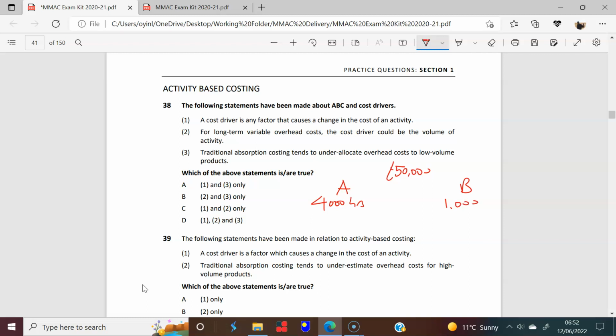And so we traditionally shared costs based on volume. We argued that the more volume you had of something, you should take more of the cost. And that was the driver, right? But that was because we assumed a natural connection between volume and cost.